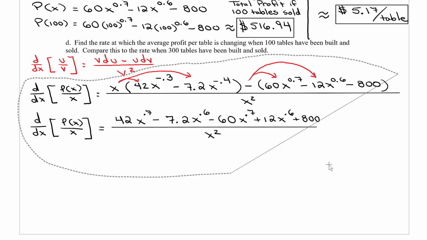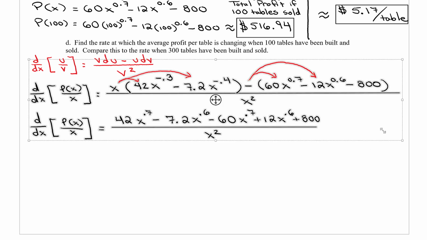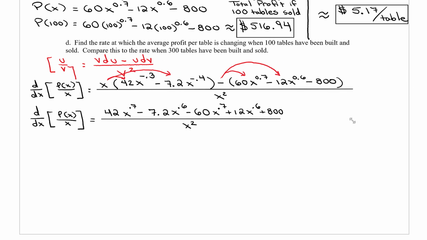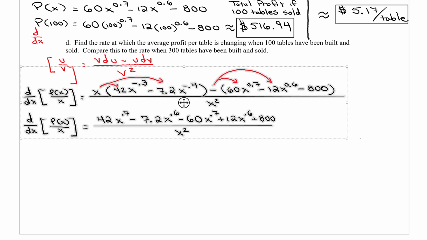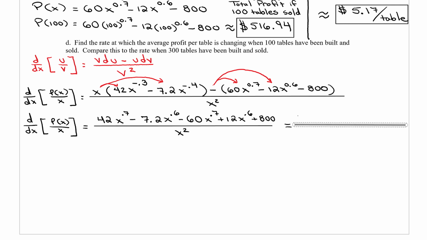I'm going to lasso all the work I just did here, and I'm going to shrink it, move it slightly to the left-hand side here. This is going to be equal to, once I simplify this, I have some like terms I can combine. I'm highlighting in yellow the 42x raised to the 0.7 power and the minus 60x raised to the 0.7 power.